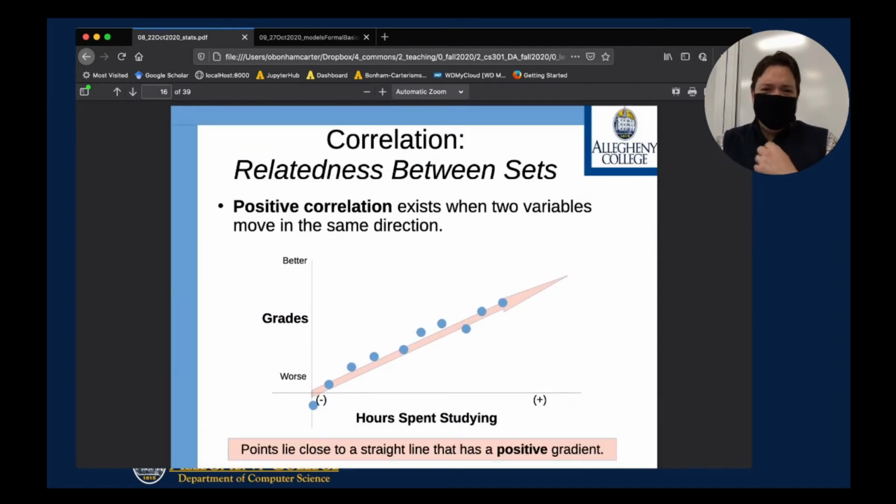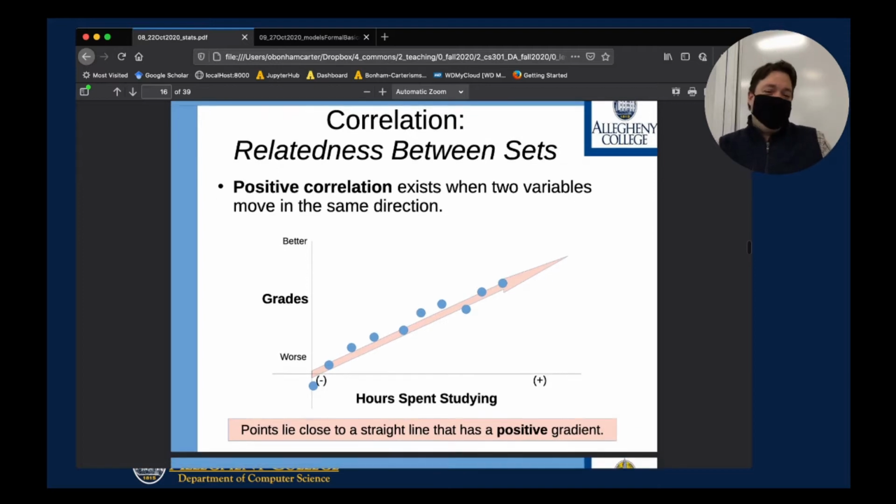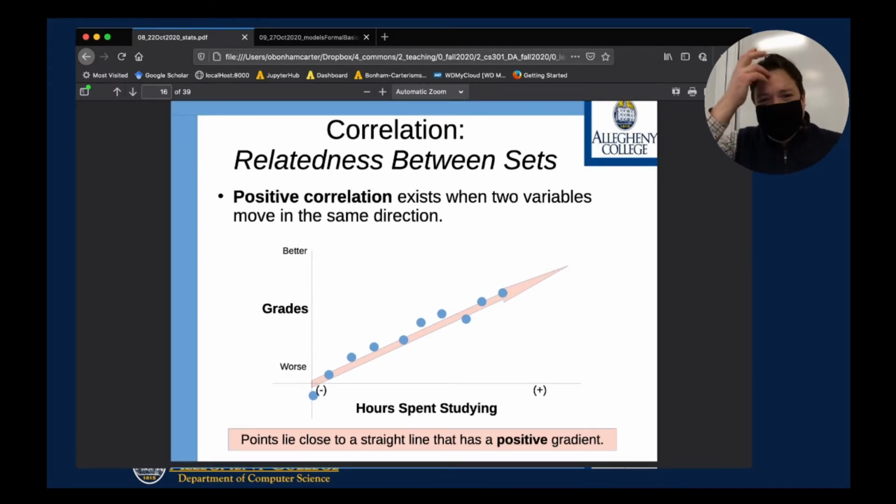Now we're talking about, for instance, the correlation. This is actually an important area because a lot of the data analytics papers that you may read in the news talk about correlations between different types of data.